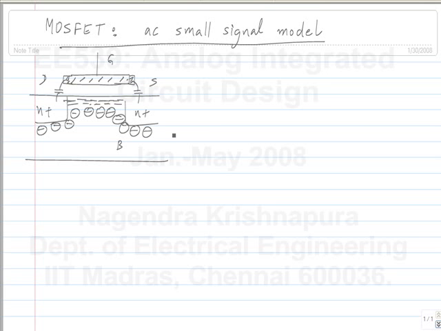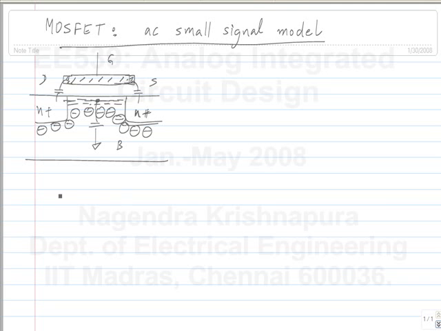This is simply because of the conducting plates, the gate and the N plus region, being in proximity to each other. There is also a capacitance between the channel region and the bulk region.